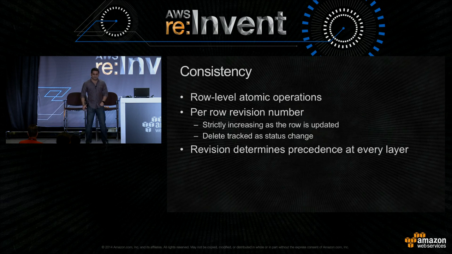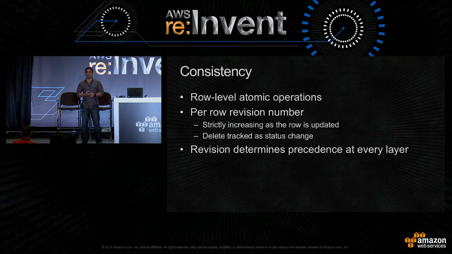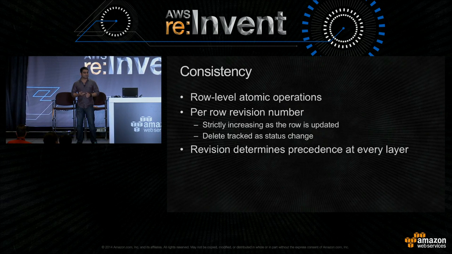Our guarantee around this is, number one, row-level atomic operations, which DynamoDB gives us, and most of the backends we care about or would leverage heavily. For example, Redis, MySQL, Cloud Search, Redshift all have row-level atomicity of your updates.